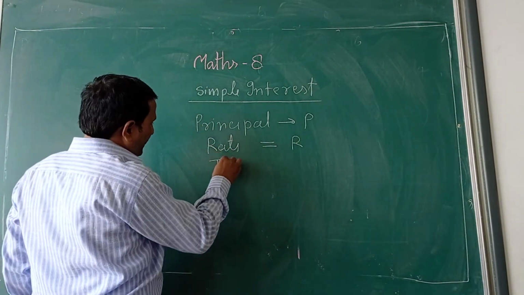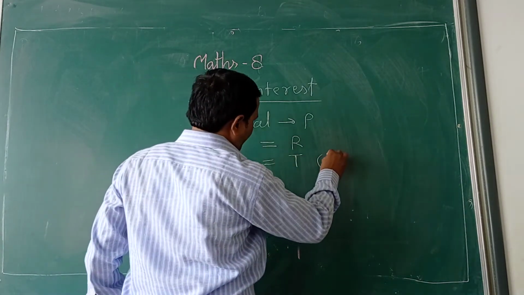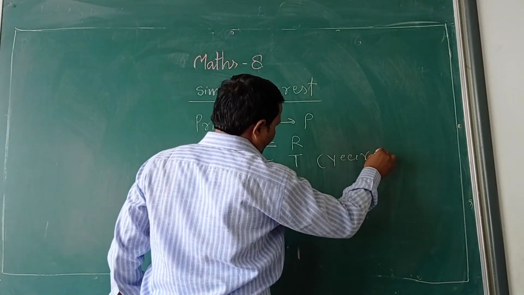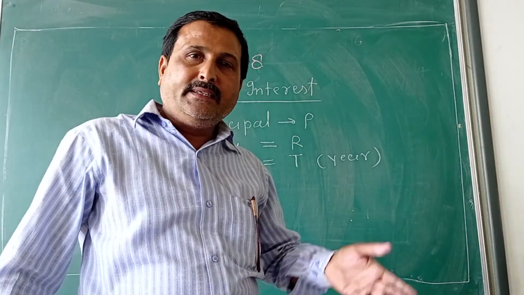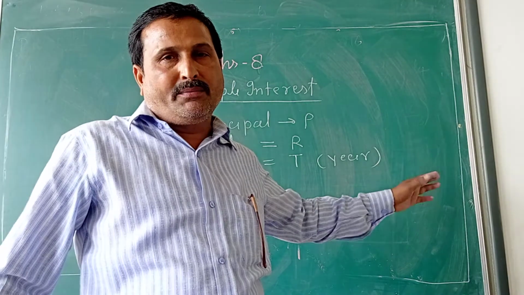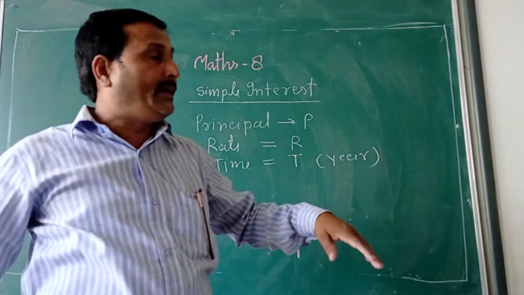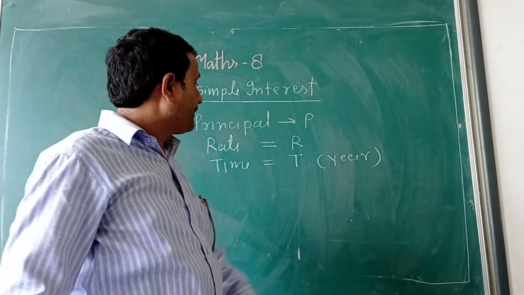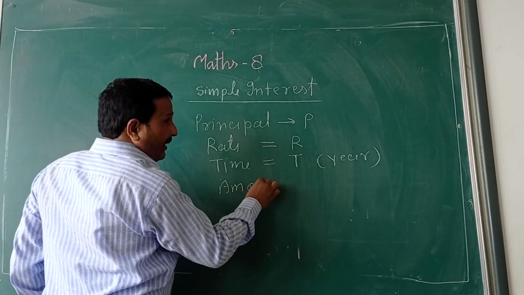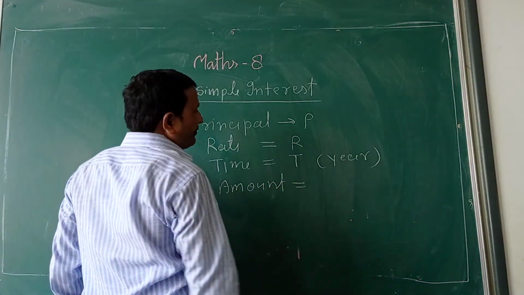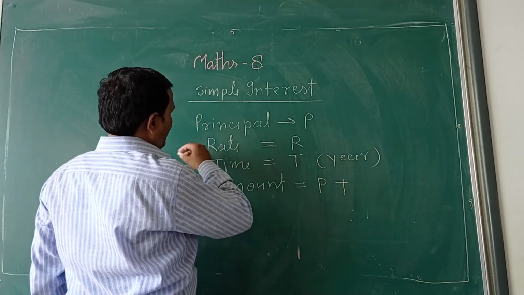After what time? Remember that time should always be in years. Maybe in the question time is given in months or days. If given in months, divide by 12, converting to years. If given in days, divide by 365, converting to years. That is the time. Then the amount: amount is equal to your money, principal, plus interest.